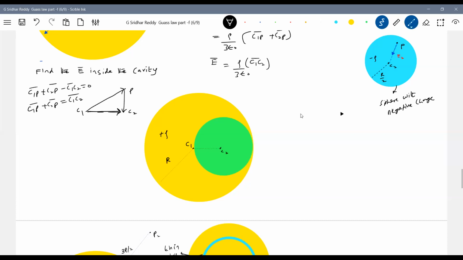How will the field be? We have to plot the direction of the field. The direction of the field will be along C1, C2. So here is what I'm showing. Why am I drawing those horizontal lines? To show the uniform field.